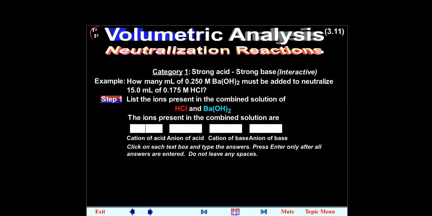Now, I want you to be very careful when you break down barium hydroxide. Remember these two. The subscript here is going to be with OH because you have two OH in that solution.